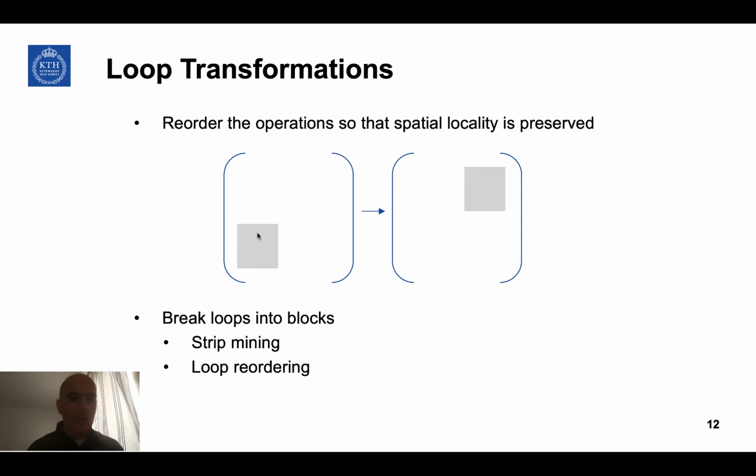So we take our matrix, and instead of transposing the whole column, we select a small tile and transpose tile by tile. This tiling technique consists of two basic steps. The first step is called strip mining. The second one is loop reordering.